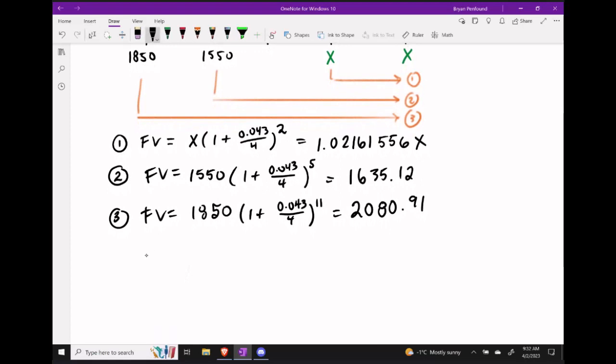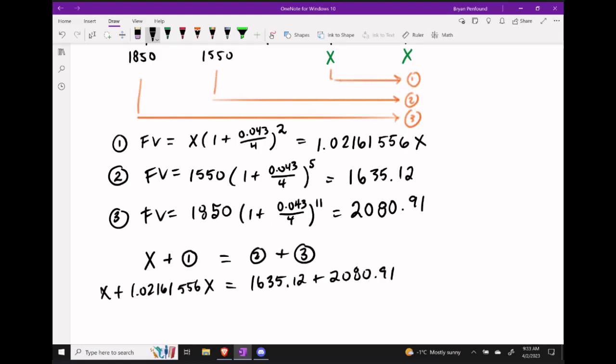Now we're in a good space to compare our payment streams. So remember what we discussed earlier is that to get the fair market value of our green payment stream 9 months from today, we're going to add X and 1 together. And then to get the fair market value of the black payment stream, we should add 2 and 3 together.